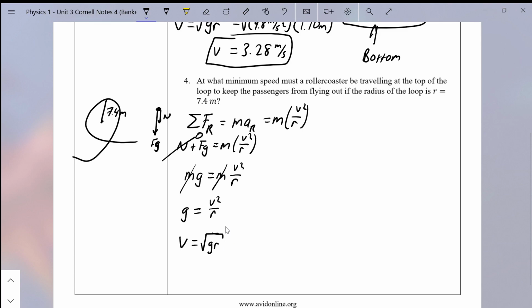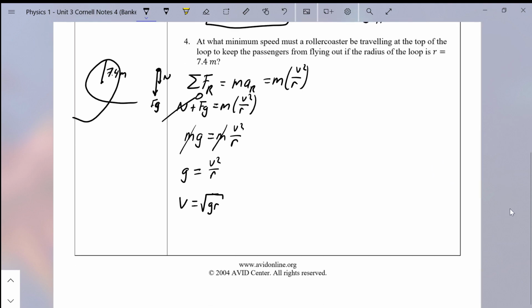You can pause the video for a moment to prove that to yourself. Then plugging the values in, g is 9.8 meters per second squared, and for r we had a value of 7.4 meters. Plugging this in, the value of velocity I get is somewhere around 8.5 meters per second.